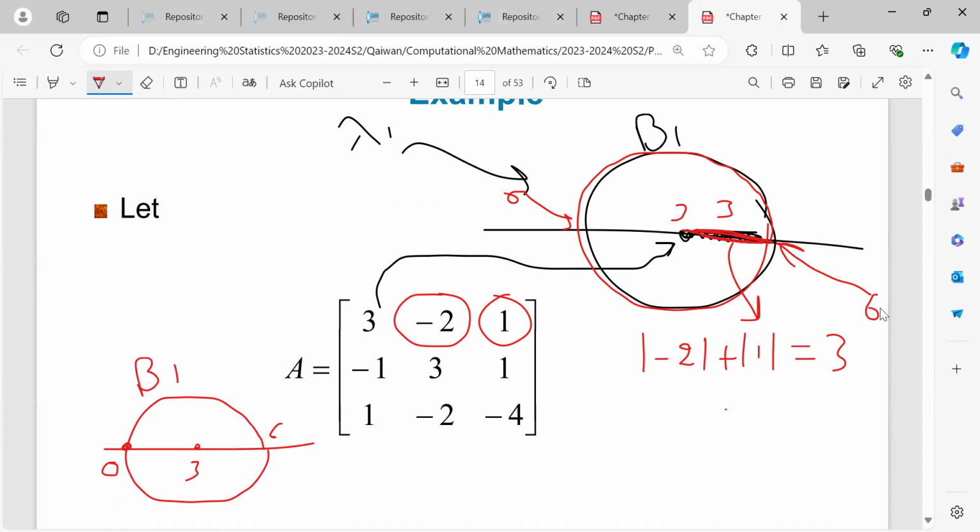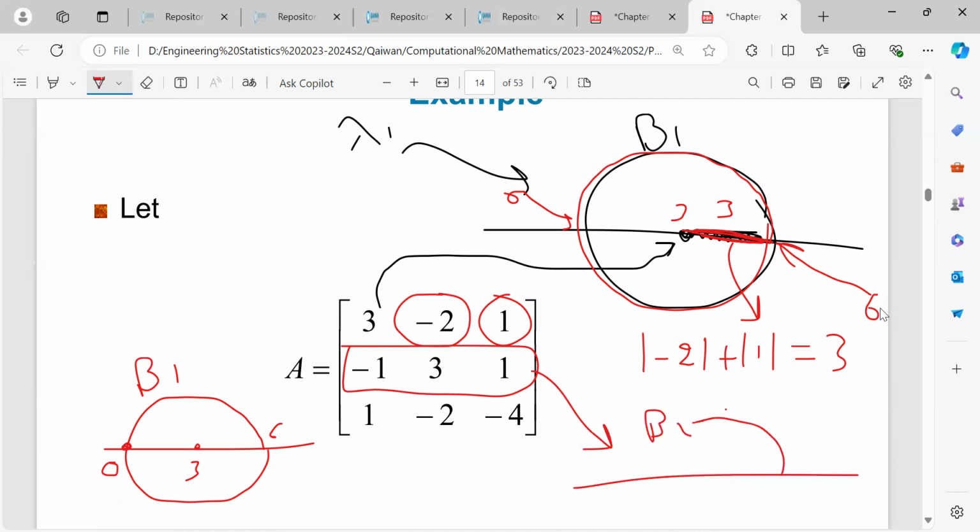How about B2? For B2, we do the same. What's the center? It is a_22. For the last one, it is a_33. This is 2. This is 3. Then how about the radius?